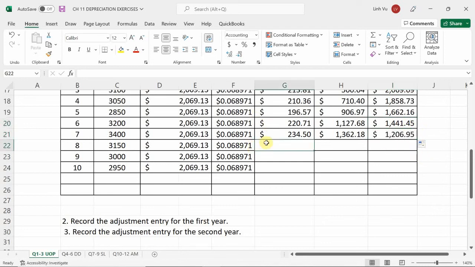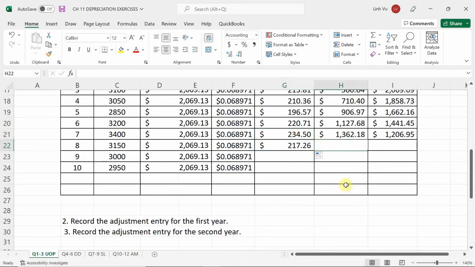And then year 8, if I produce 3,150 units. $217.26.